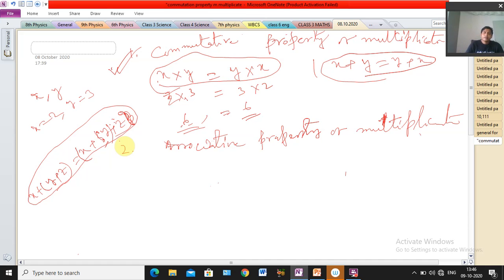Clear? That one was addition. Now we are doing multiplication. So if we take three variables x, y, z, we can write x into in bracket y into z equal to in bracket x into y into z.